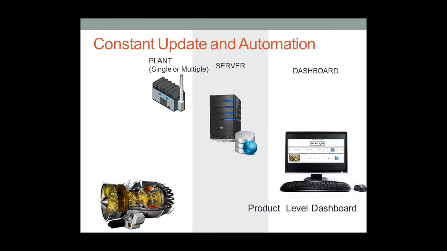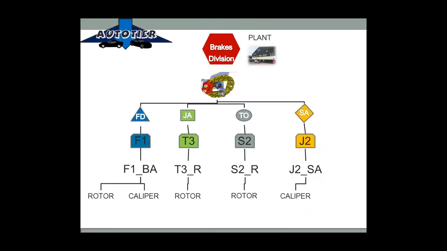All right, so now let's take a sample company called Auto Tier, and let's take one of the divisions of the company called the brakes division, and assume that we're supporting 4 customers for that brakes division.